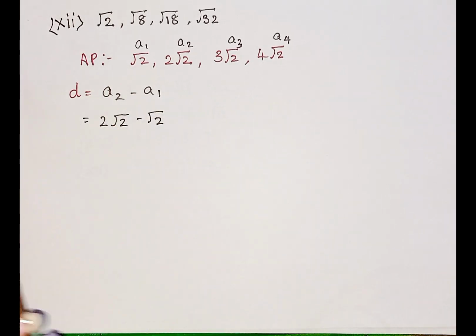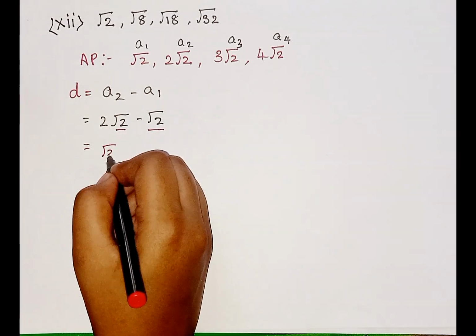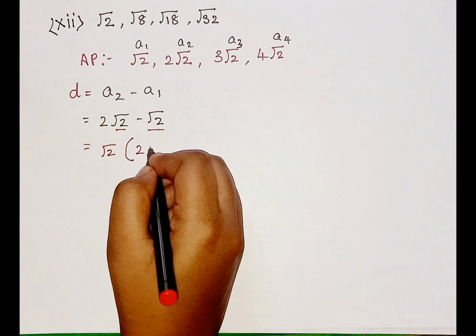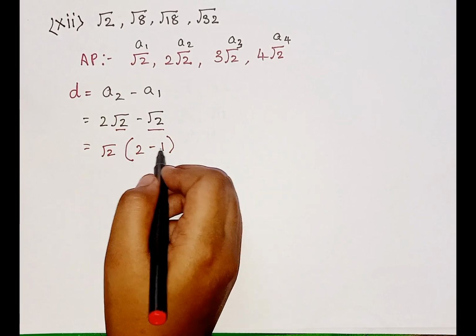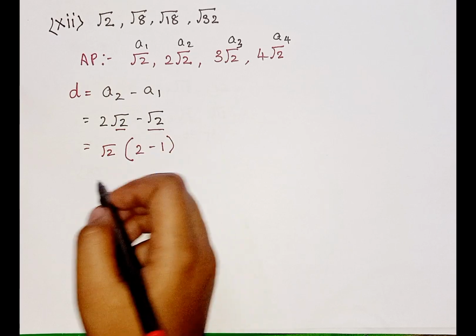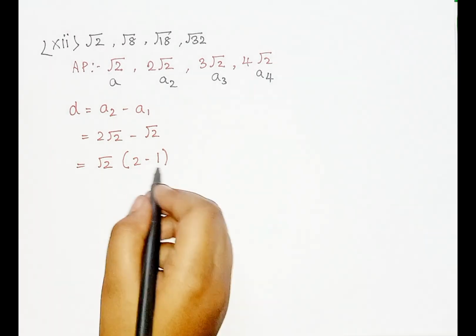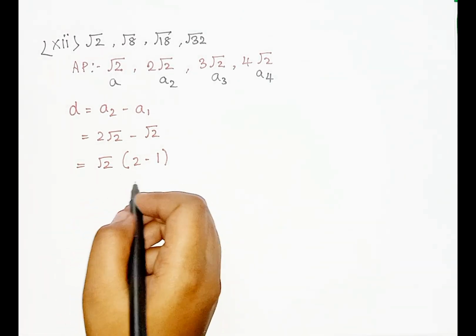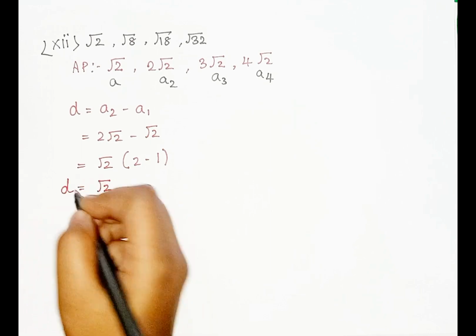We can take root 2 as common, and bracket 2 minus 1. So root 2 into 2 is 2 root 2 and minus 1 into root 2 is minus root 2. When we subtract, we'll get 1, so 1 into root 2 is root 2. This is going to be your d value.